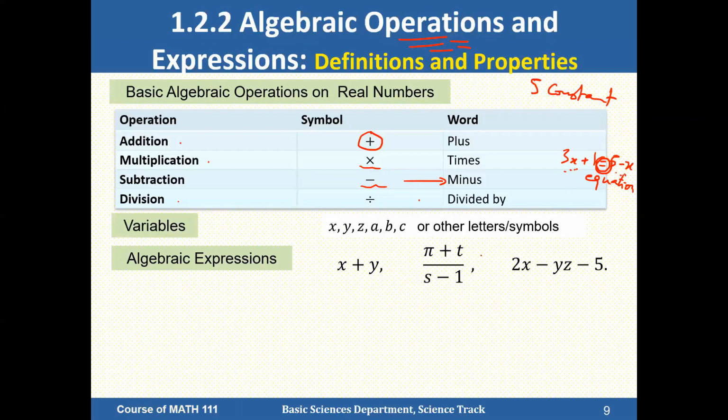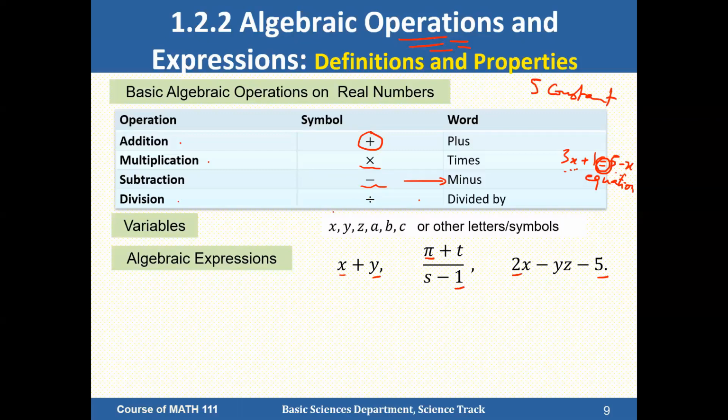It is formed by variables, numbers, and basic operations.